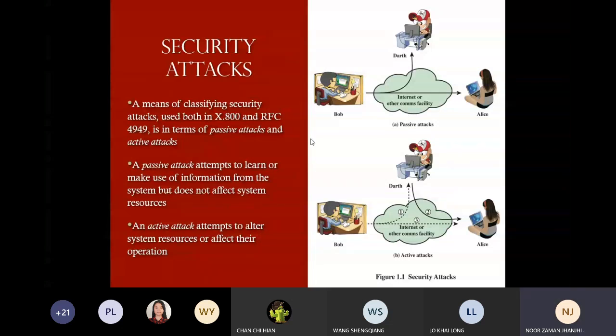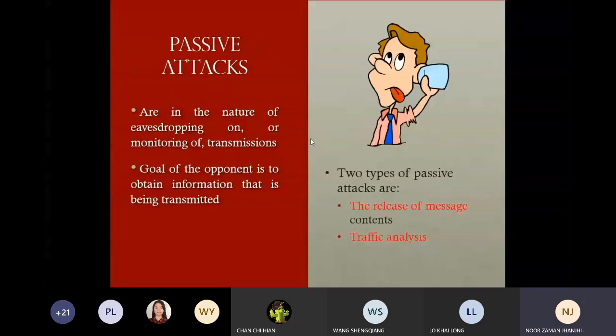After that, the message will reach Alice. So Bob will be thinking the right message is reaching Alice, and Alice is thinking that the message she is receiving is coming from Bob, but in actual fact, this is not the case. The changed messages are coming to Alice. So this is known as the active attack type.